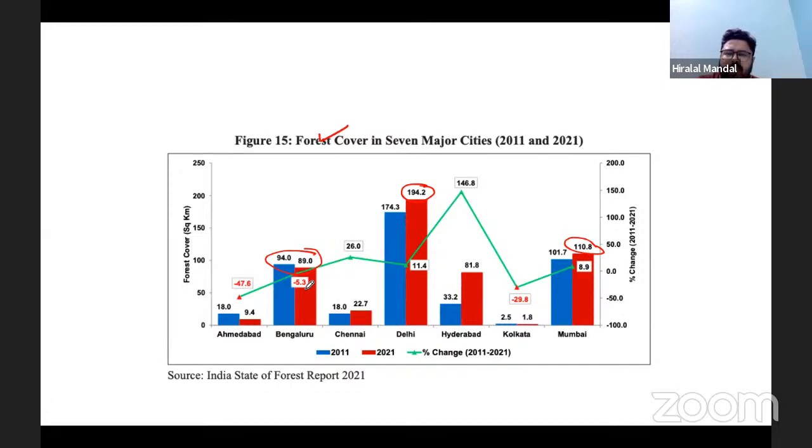In fact, if you look at the growth, it has seen a growth of 11.4%. That's good. But the highest growth has been achieved by Hyderabad, where the growth is 146.8% compared to 2011.